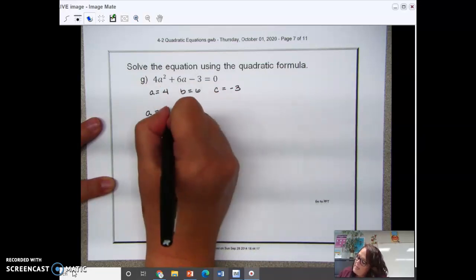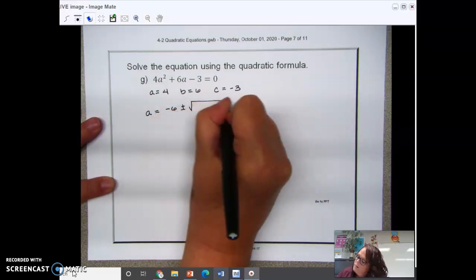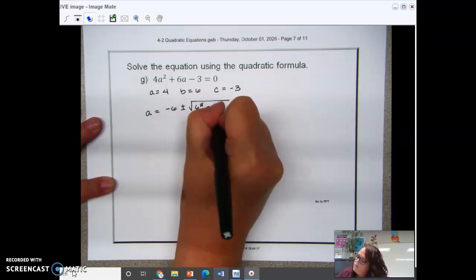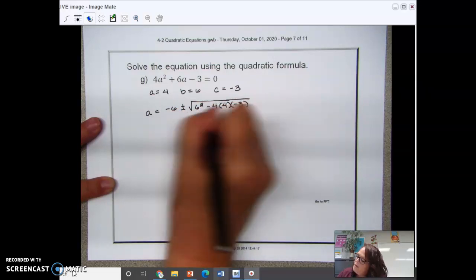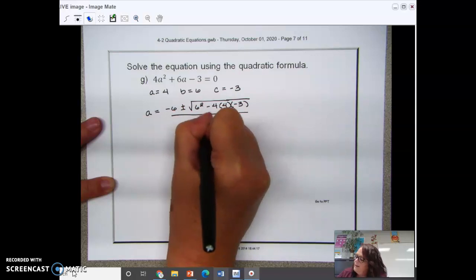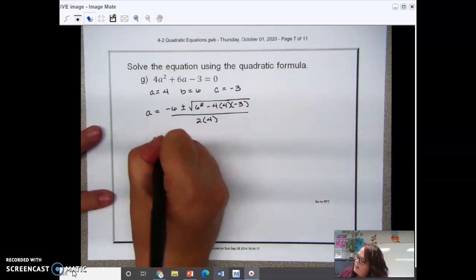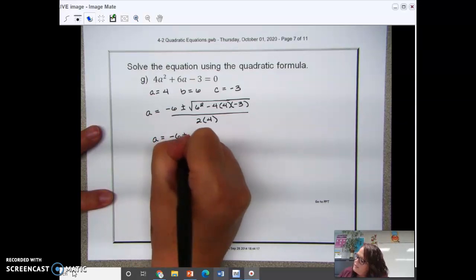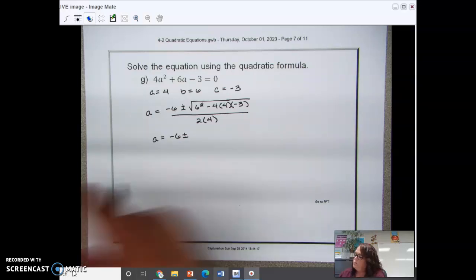So x is equal to -b plus or minus the square root of b squared minus 4ac, all over 2a. Okay. So when we work this out, we get x is equal to -6 plus or minus, and then in my calculator, I'm going to do 6 squared minus 4 times 4 times -3, and that gives me 84.